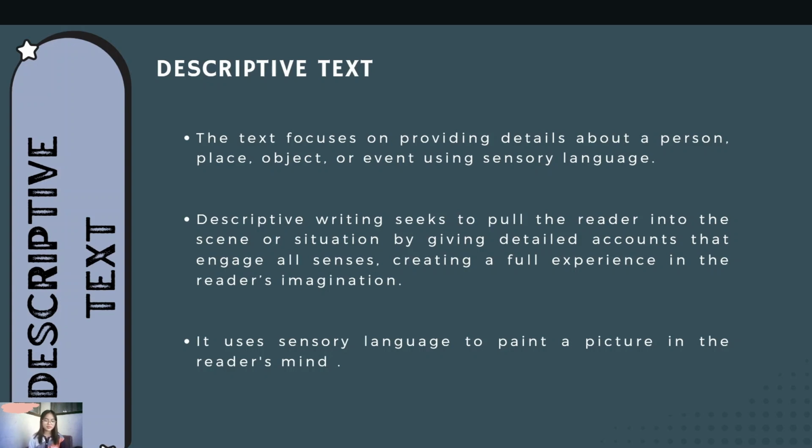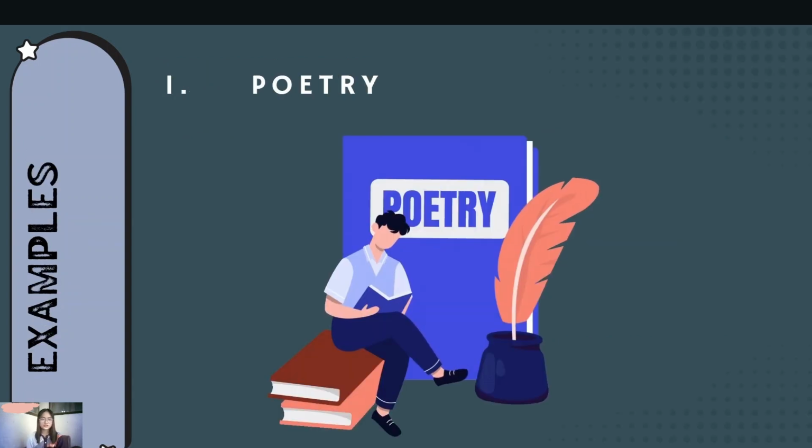This technique allows the reader to fully visualize and experience the setting or event in their imagination. An example is poetry, in which the goal is to help the reader visualize and feel the atmosphere, mood, or specifics of what is being described.